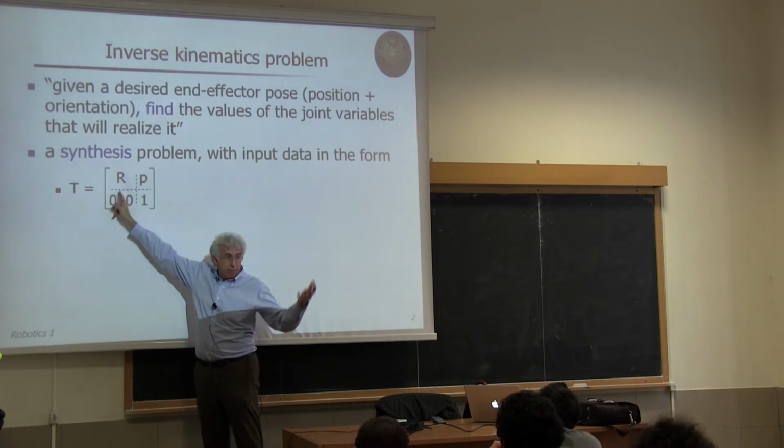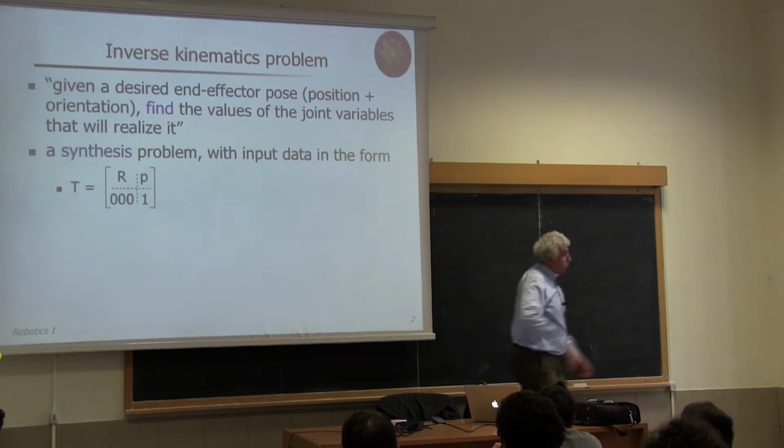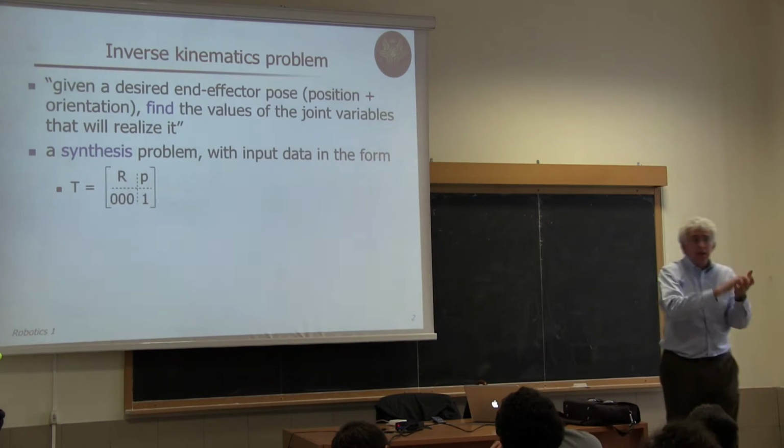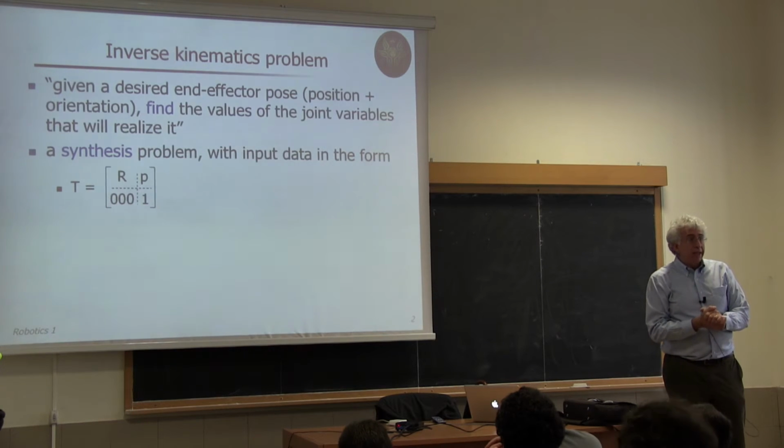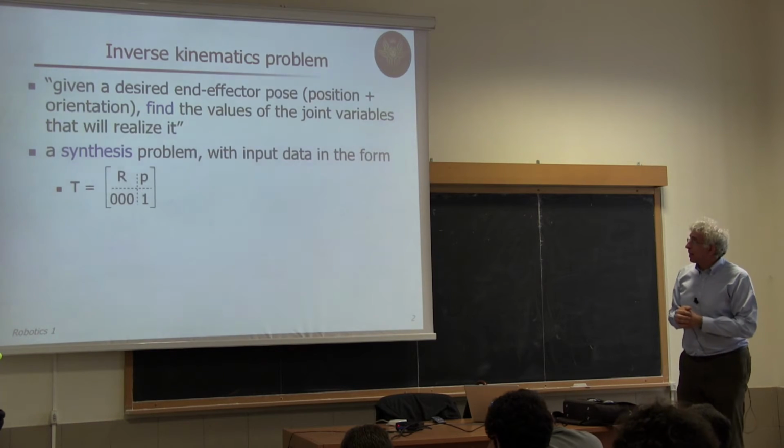So the nth frame in the Denavit-Hartenberg convention, or also the end effector frame, which is roto-translated by a constant matrix with respect to the last frame. You remember we generalized this.